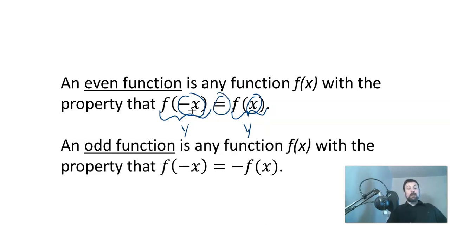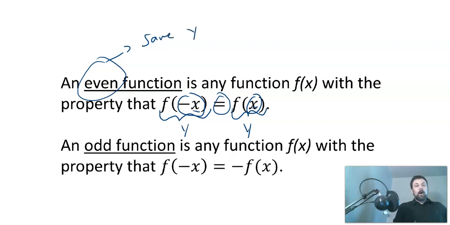So what's happening with an even function is you're plugging in the same number, x, since they're both being called x, which means x is representing the same number in both cases, but in one case it's positive, in the other case it's negative, and you're getting the same answer for y either way.